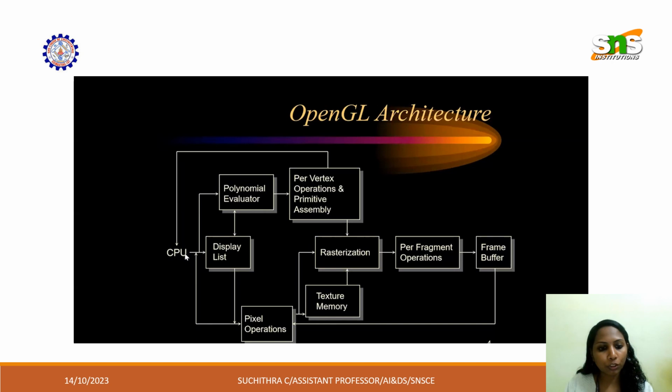Before fragments go to the frame buffer, they may be subjected to a series of conditional tests and modifications such as blending or Z-buffering. Parts of the frame buffer may be fed back into the pipeline as pixel rectangles. Texture memories may be used in the rasterization process when texture mapping is enabled.